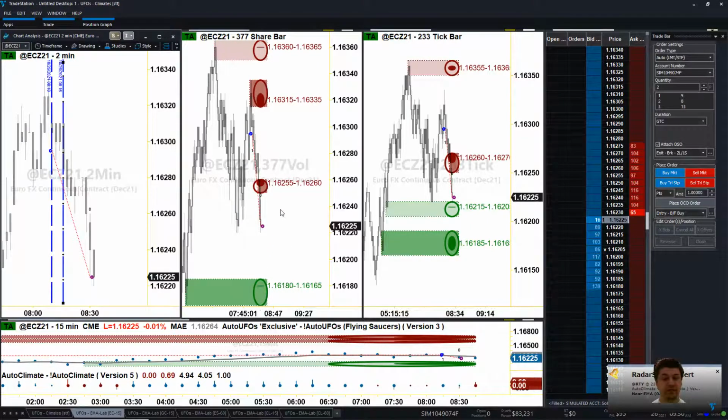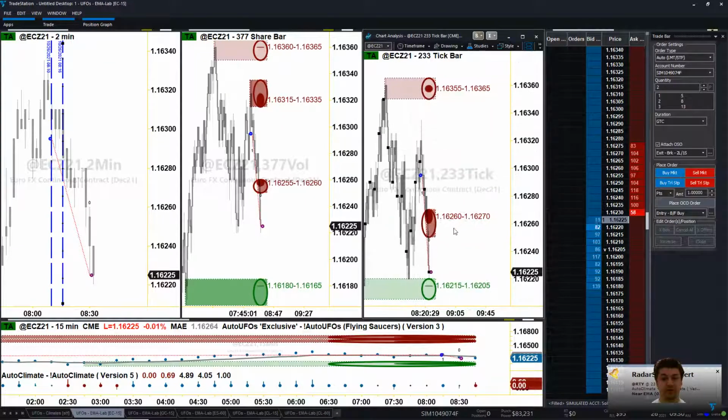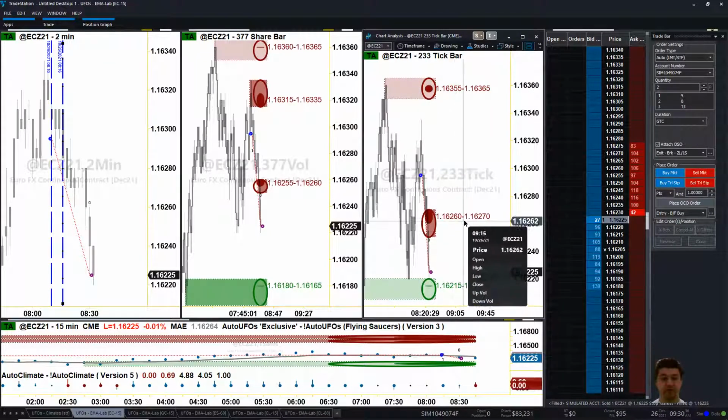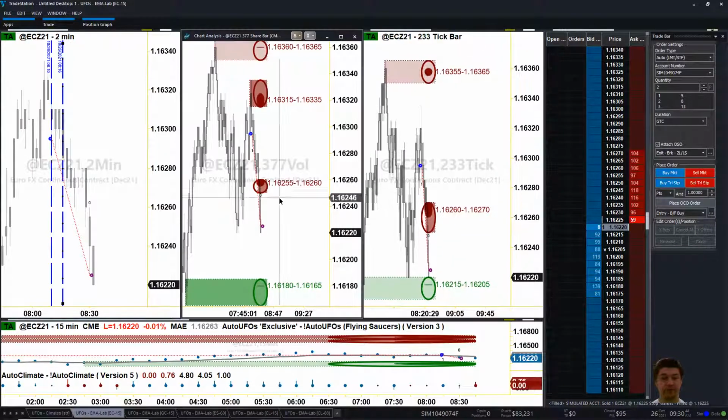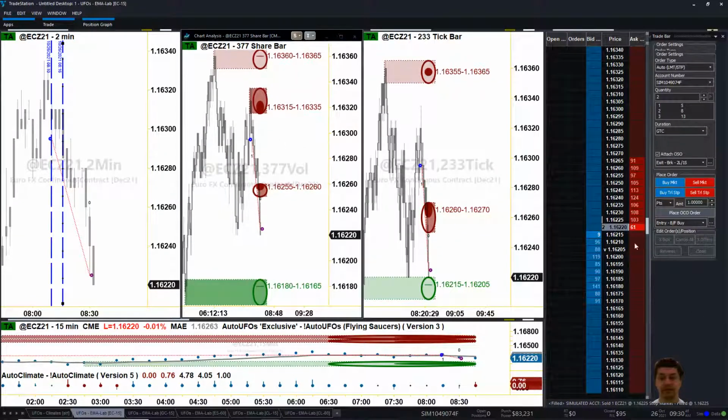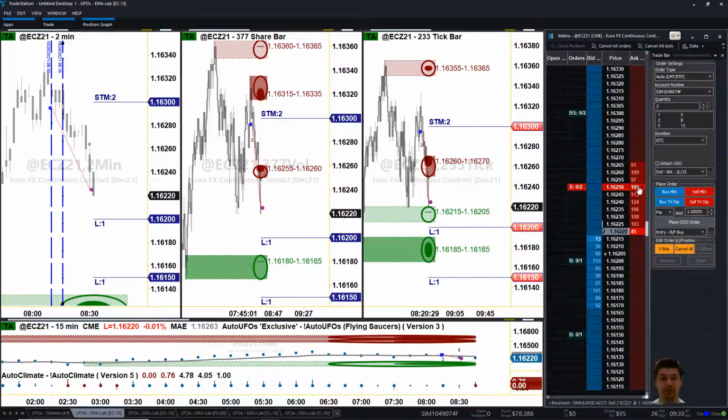Okay, 16,263. That's above this UFO. 16,260, 270. Okay, this UFO might actually be good to short on. 16,250. That's a small risk trade I'll be willing to take with 4 contracts.